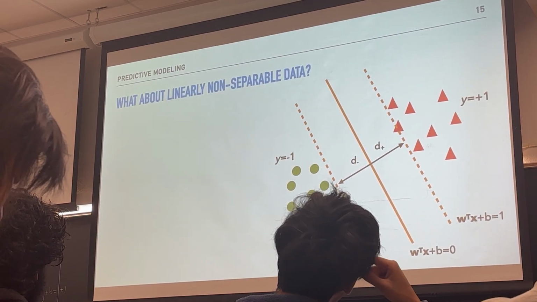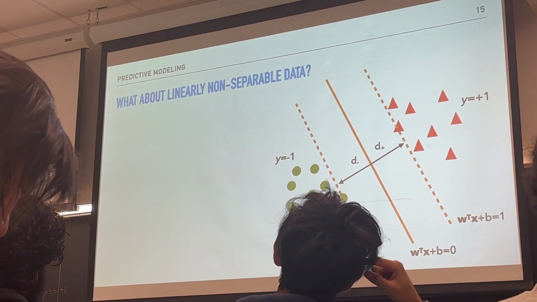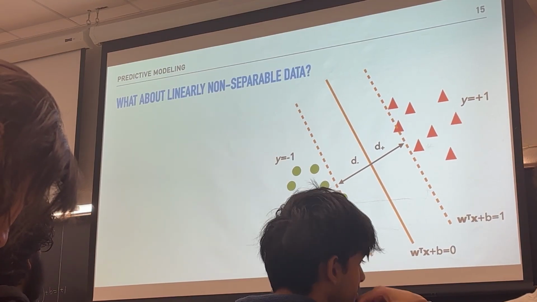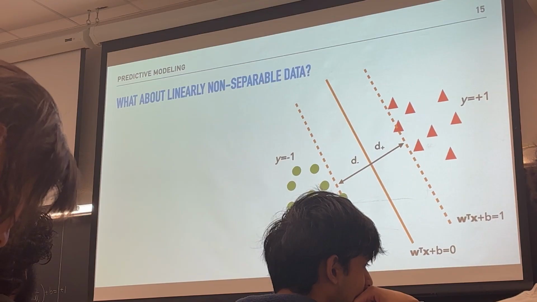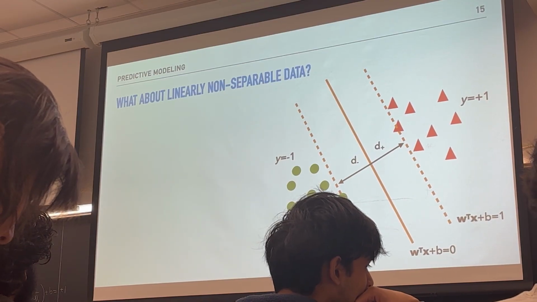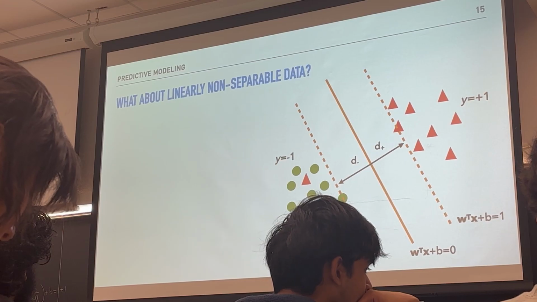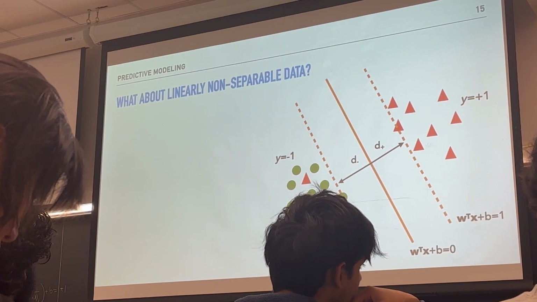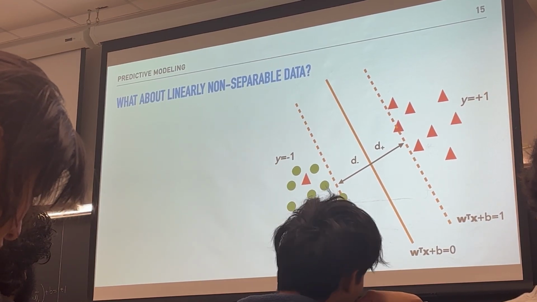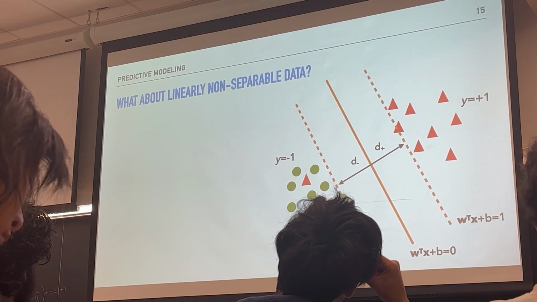So we have talked about separable data. What if the data is not separable? That's, like I said in the beginning, a very strong assumption. Let's say there's a red triangle right on the other side of the margin that we picked. Does that mean we cannot use SVMs there?